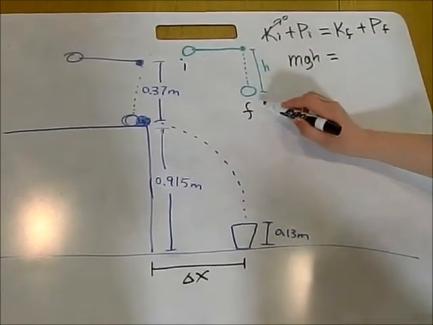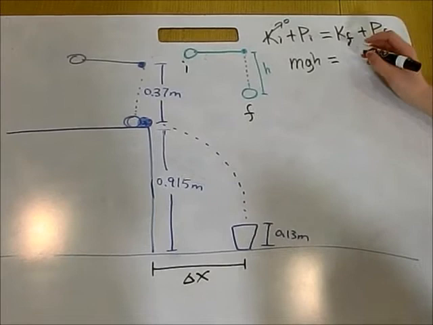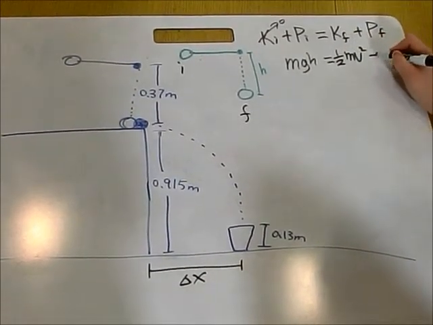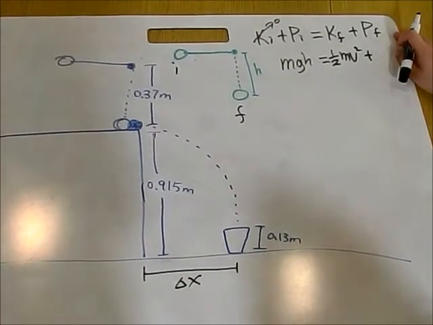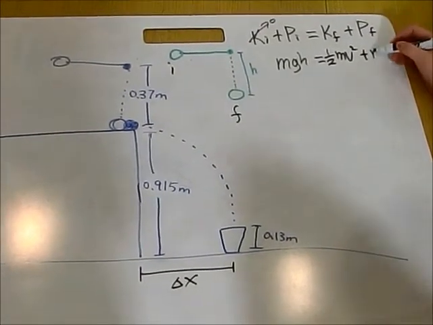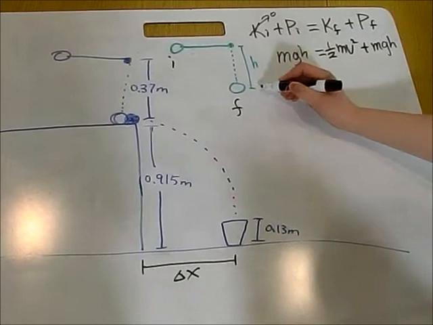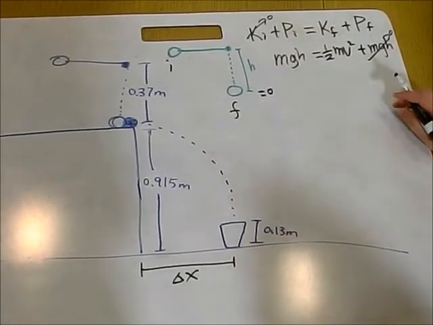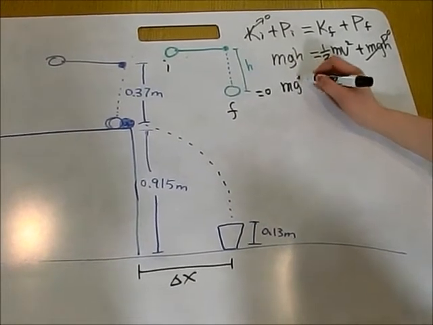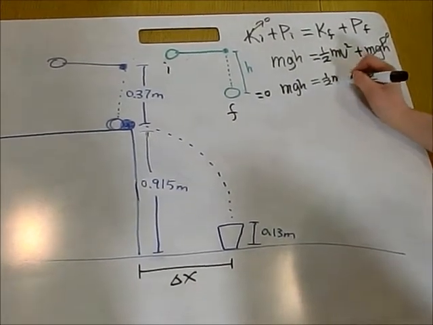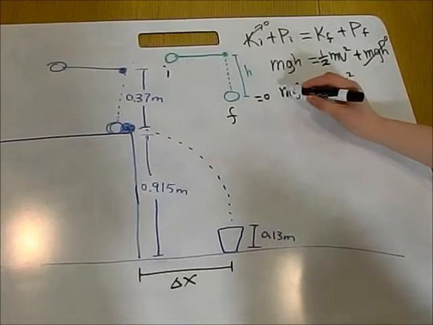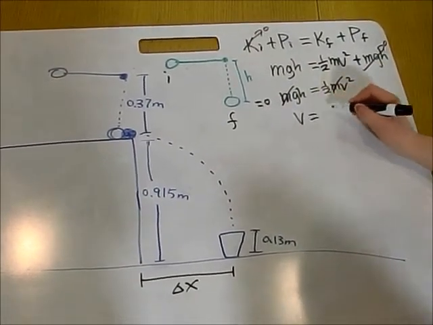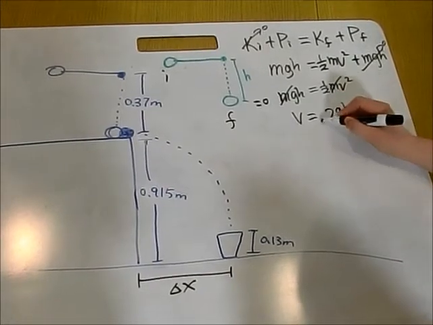At the final position, the kinetic energy is 1/2 mv squared, and the final potential energy is mgh, but h at this point is 0, so that becomes 0. So mgh equals 1/2 mv squared. Since they are identical, the m's cancel out, and v equals the square root of 2gh.